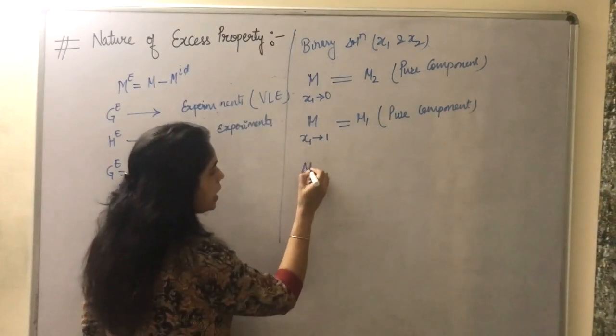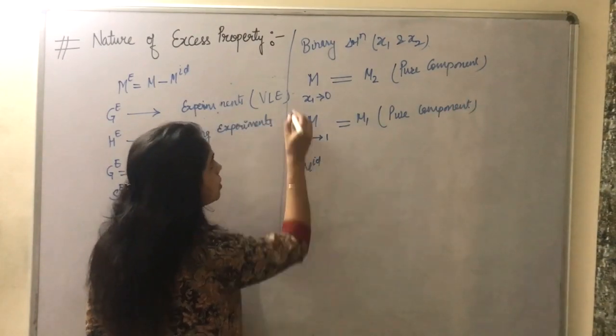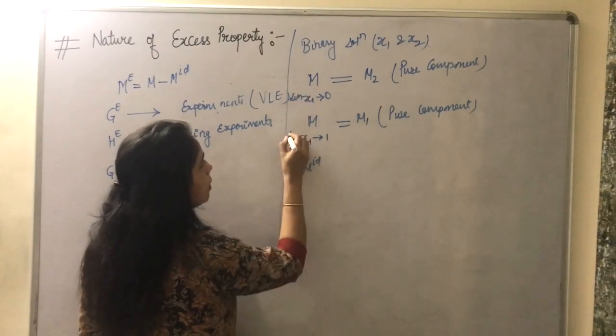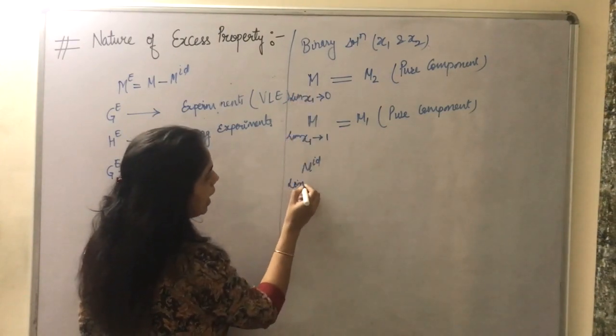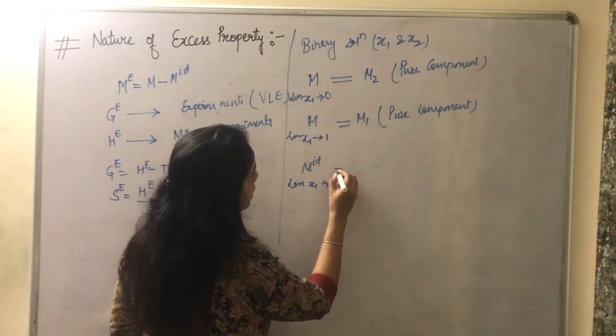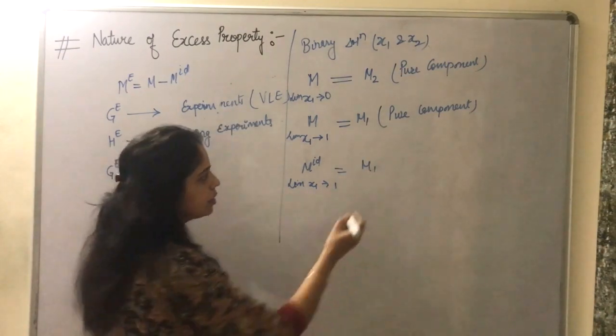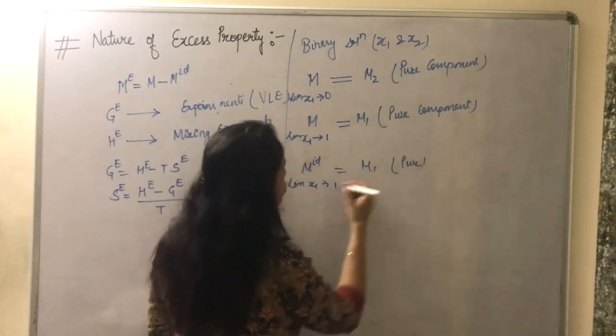Now in case of an ideal solution, again if you put the limit x1 tends to 1, then we will have M1, which is a pure component, and so on.